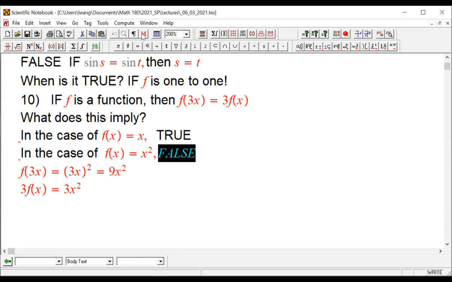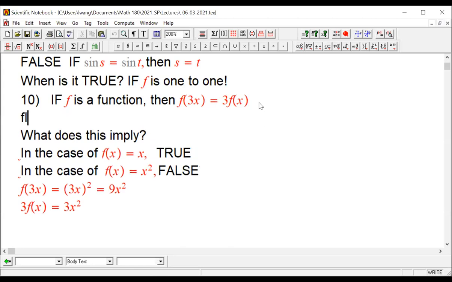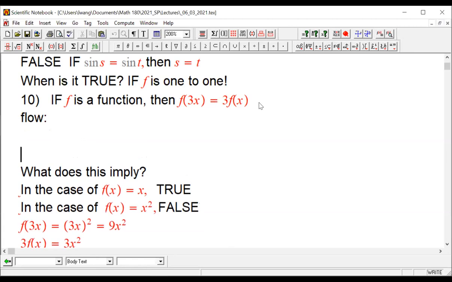False. That's how you examine. Do you see that's totally doable for every one of us? It's false. But ultimately, it has something to do with the flow. Remember how much we emphasize the flow? We did the flow. What does that mean?